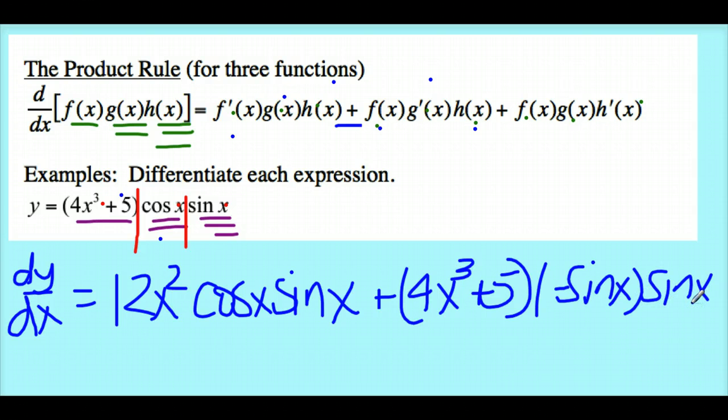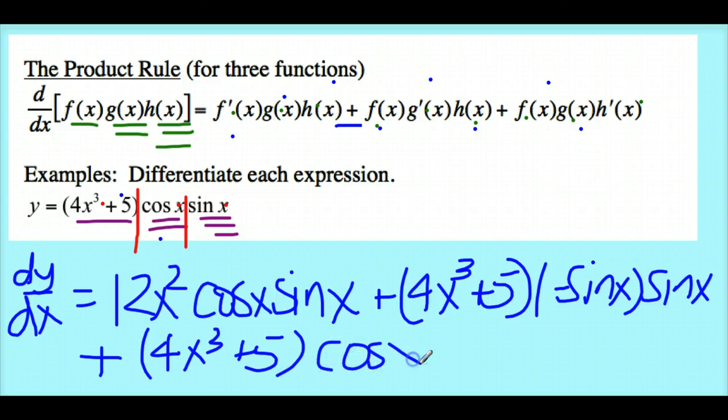Right? Then I do it again. Now I'm going to take the original f of x, which is 4x cubed plus 5. I'm going to take the original g of x, which is cosine of x, and I have to derive the last term, which is sine of x. And so what's the derivative of sine of x? Okay, it's cosine of x.